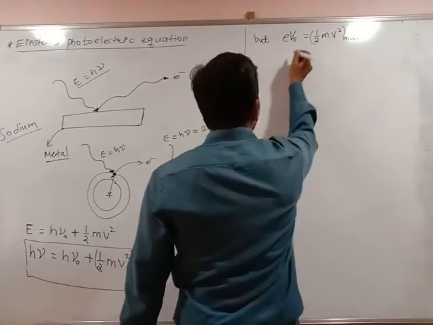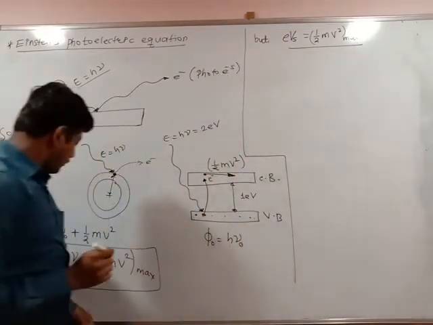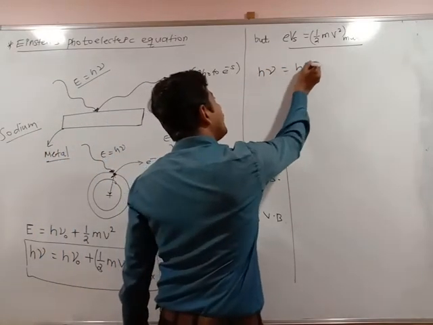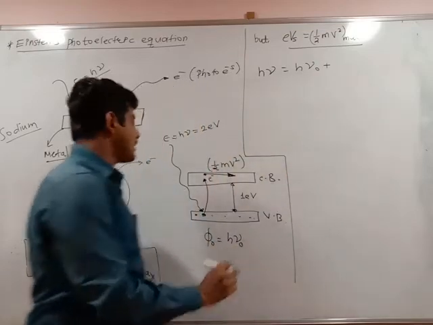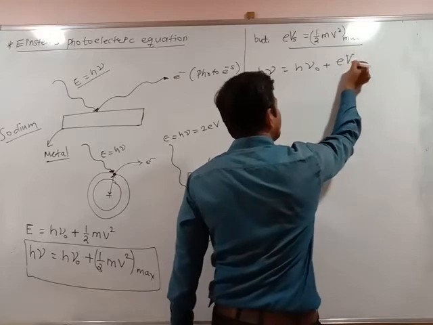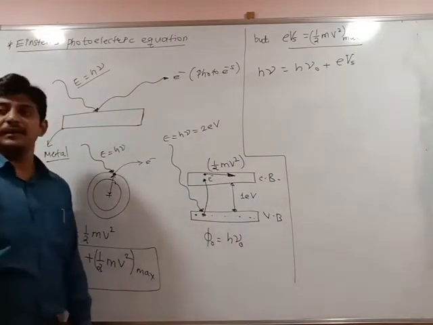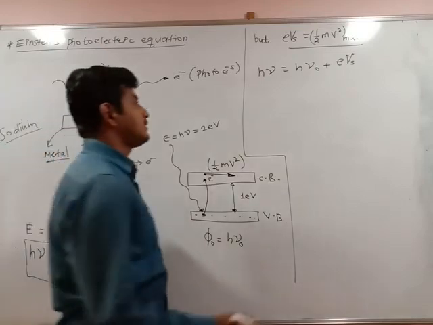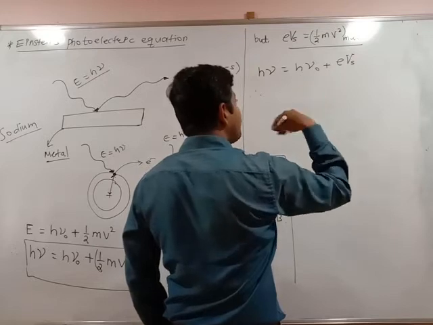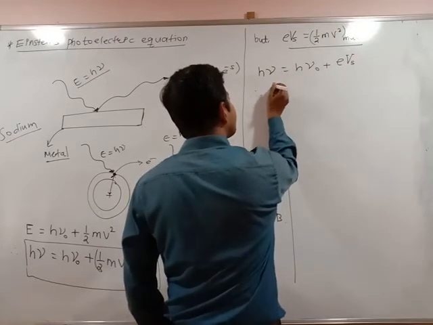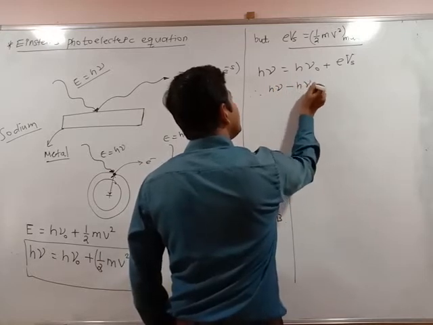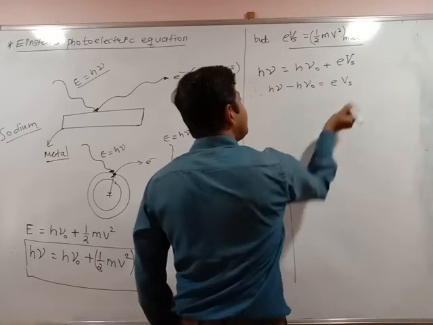So when we put the value of eVs, what will be the equation? In terms of energy, h nu is equal to h nu 0 plus 1/2 mv square, which can be written as e into Vs. I am going to write the different forms. This is in terms of frequency: h nu minus h nu 0 is equal to eVs.